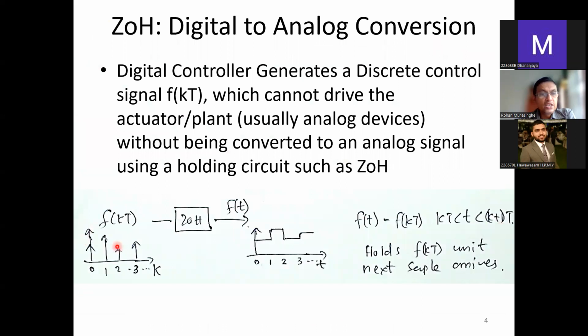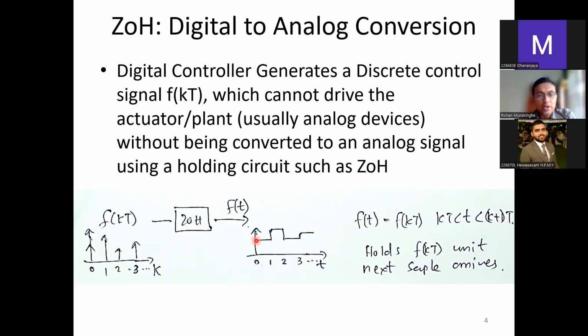So there you see the zero order hold circuit. You can see the samples coming like that. This is u(kT) or f(kT). Then you have the zero order hold circuit and then the analog version of that. You can see the levels are maintained.